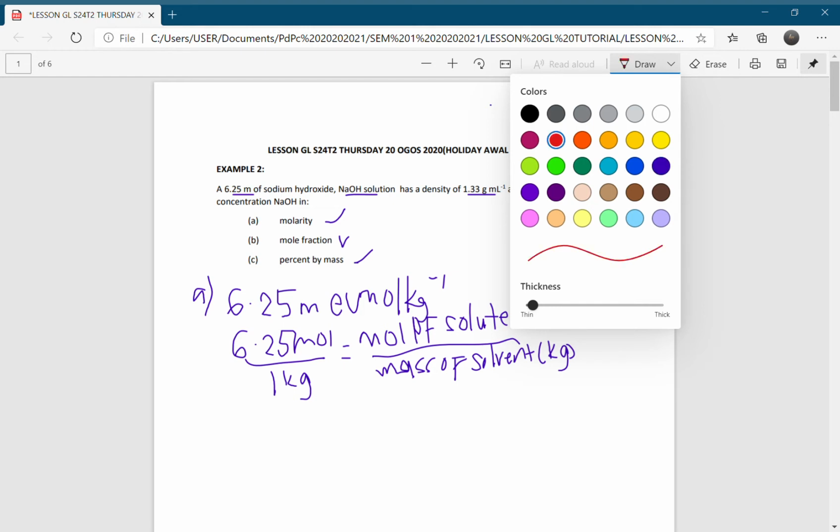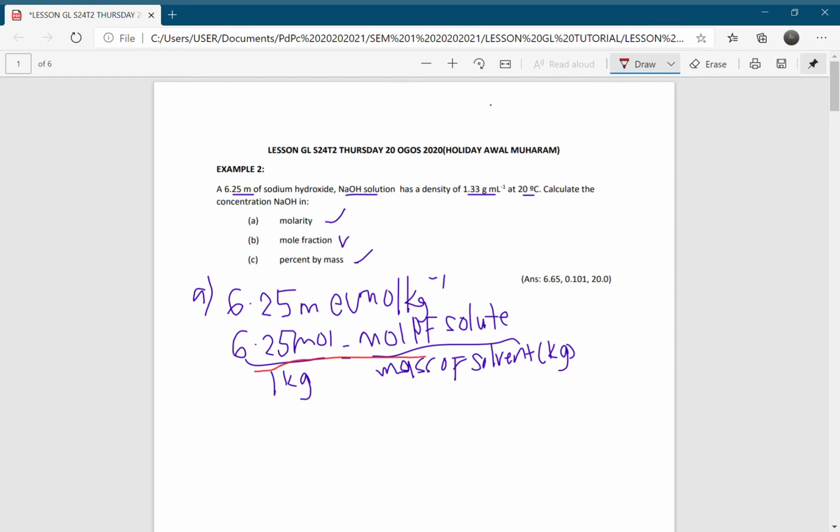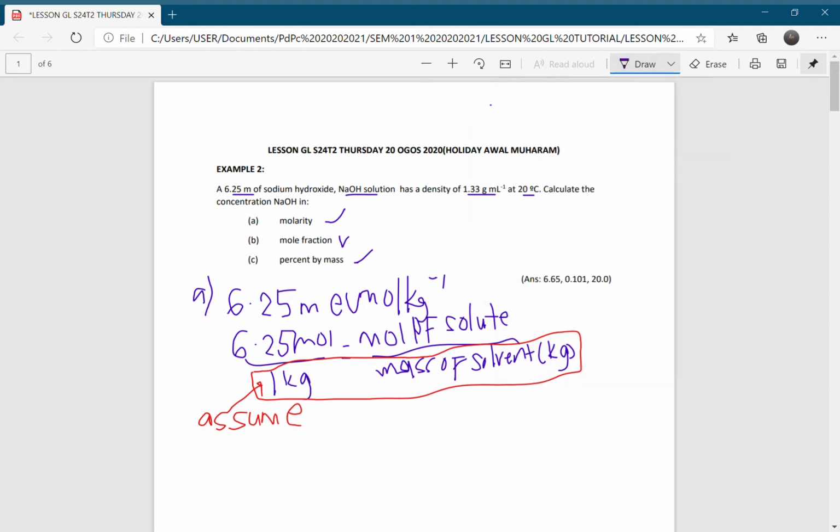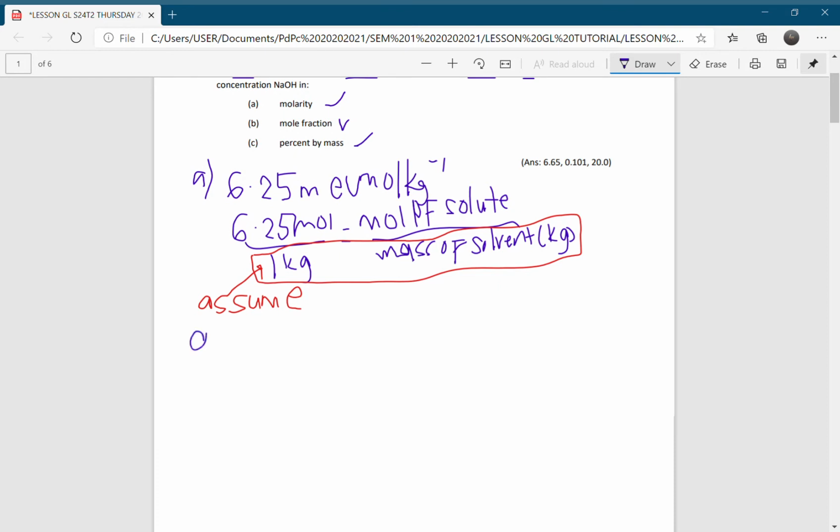So from the formula and the relationship between the values given, you must make one assumption. From the definition of molality, we know that it states the mole of solute dissolved in 1 kilogram of solvent. So this part you must make an assumption. Next step, you must write the assumption statement: assume the mass of solvent is 1 kilogram.